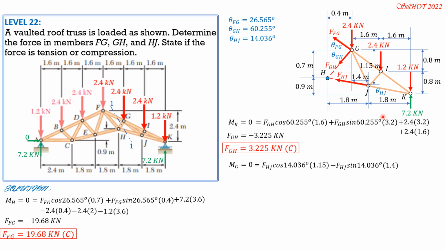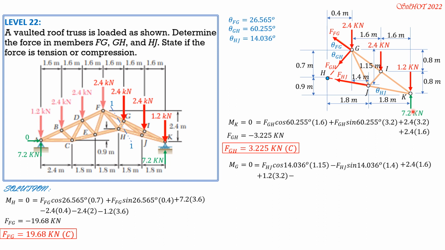Then these are all FHJ clockwise positive. So plus 2.4 times 1.6. Then plus 1.2 times 3.2. Moment arm of 1.2 is 3.2.